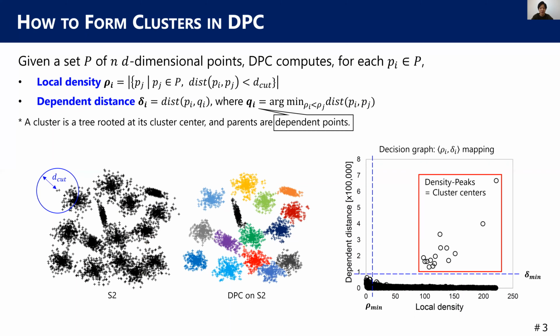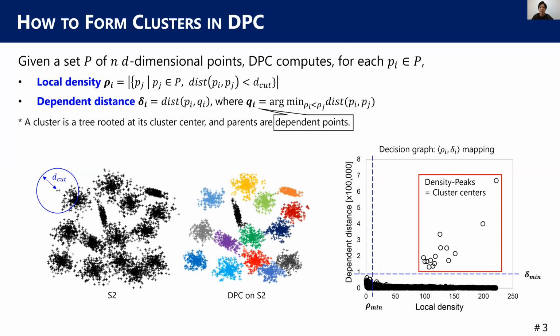The dependent point of Pi is the nearest neighbor among points with higher local density than its local density rho i. The dependent distance of Pi is the distance between Pi and its dependent point.